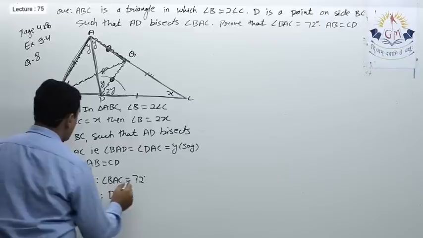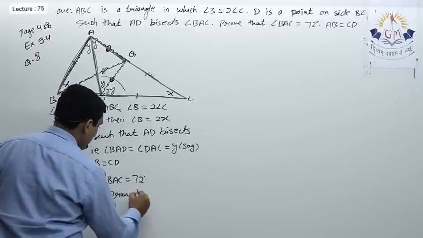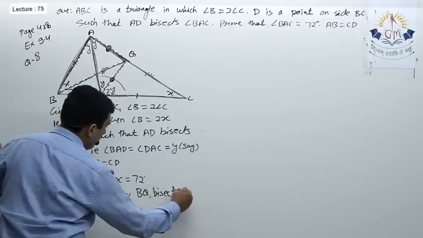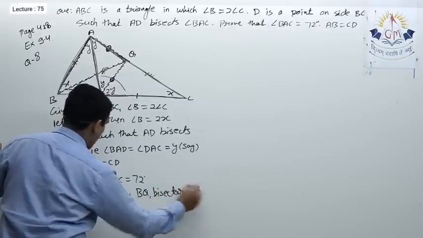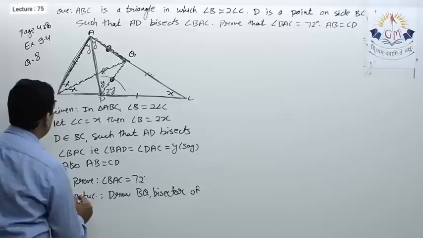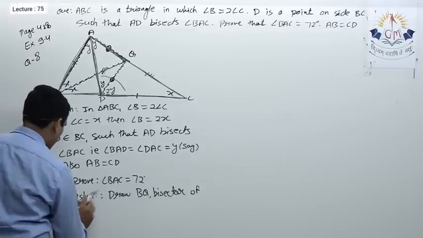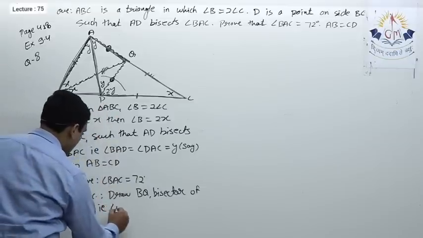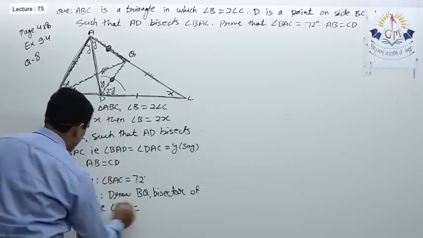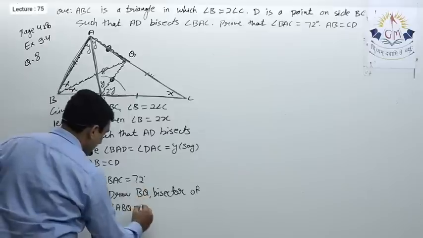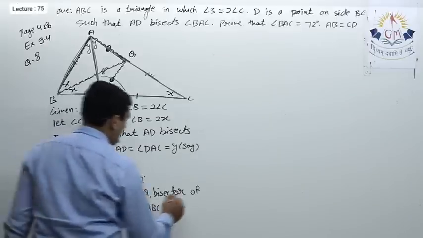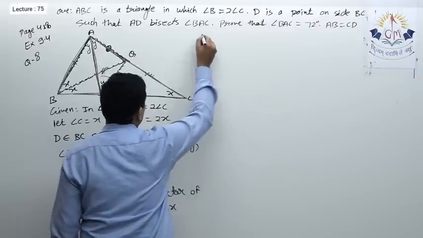Now construction: draw BQ, the bisector of angle ABC, that is angle ABQ is equal to angle QBC, equal to x. So these two angles become x.